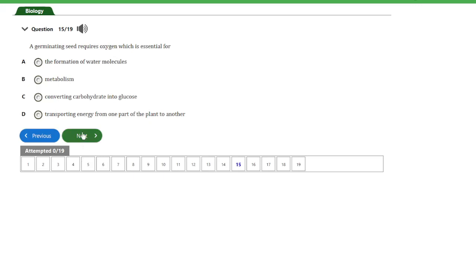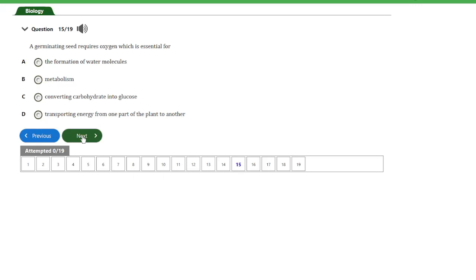So guys, let's look at the next question. That's question number 15. The question says, a germinating seed requires oxygen, which is essential for A, the formation of water molecules, B, metabolism, C, converting carbohydrates into glucose, and D, transporting energy from one part of the plant to another.